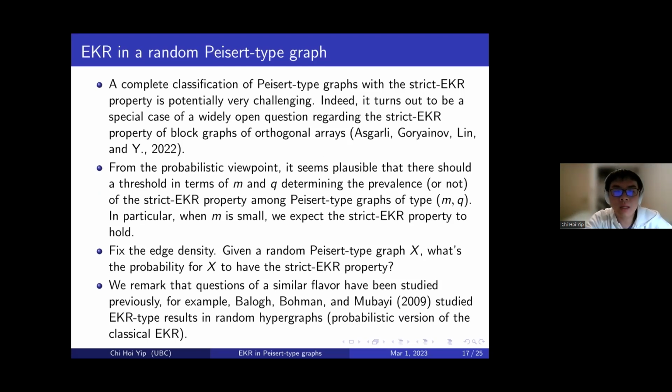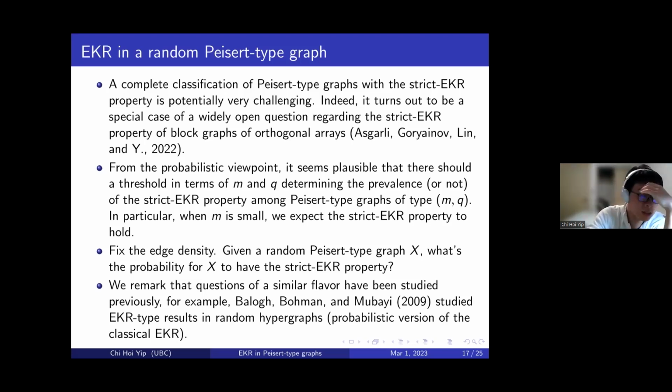But it turns out that this might be very difficult because this is a special case of a widely open question regarding the EKR property of Cayley graphs of orthogonal arrays. So this is a result in the joint work with Asgarli, Yip, and Lin. So that means probably there's no hope to fully classify all Peisert type graphs with the EKR property.